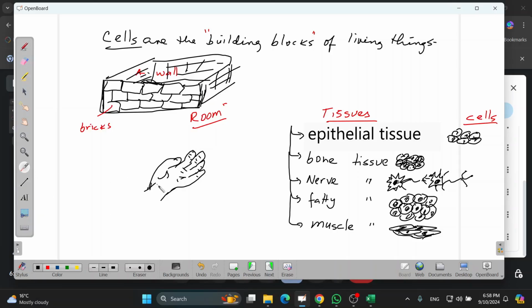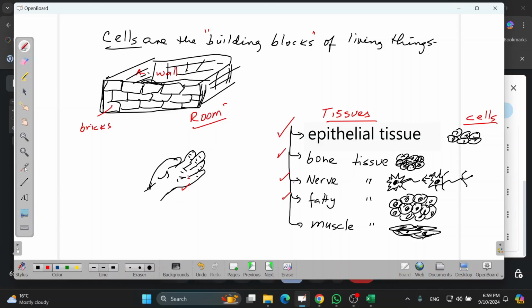Do we have skin on our hands? Well, yes, we have epithelial tissue. Do we have bones? Yes. Do we have nerves in the hands? Yes. Do we have fat? Yes, we have some fat under the skin. Do we have muscles?